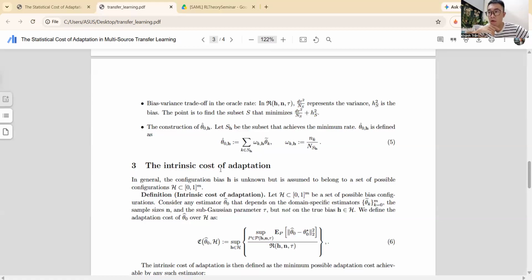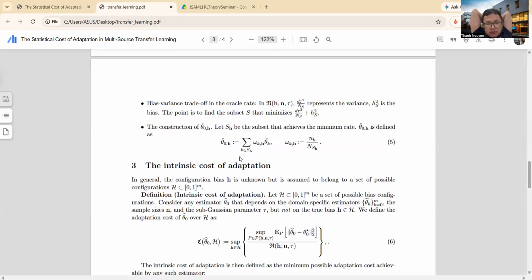So when they don't know the bias configuration, they have to estimate the subset of source domains that are useful, and in the unknown bias configuration, they do that by the intersection method.